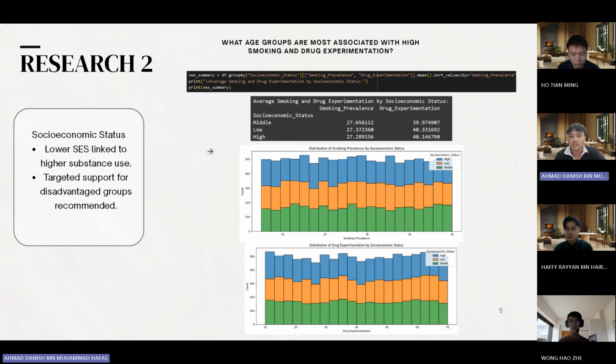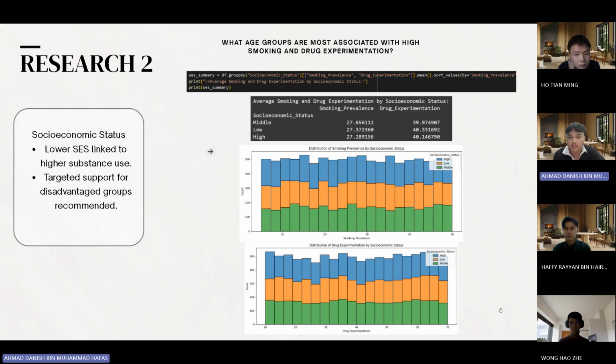Smoking prevalence shows the percentage of smokers, and drug experimentation shows the percentage who have experimented with drugs.